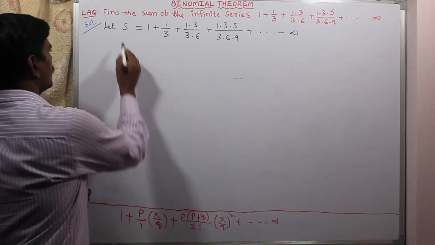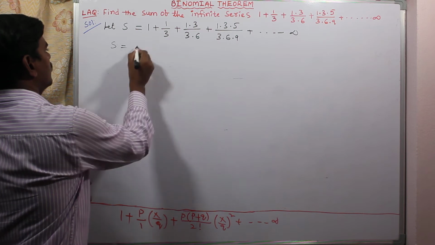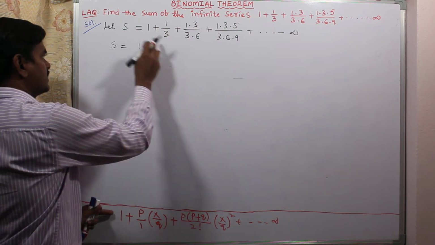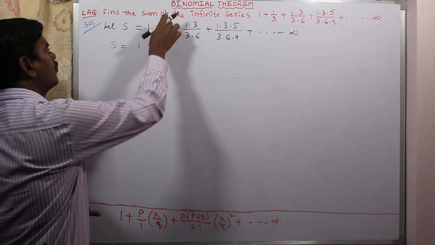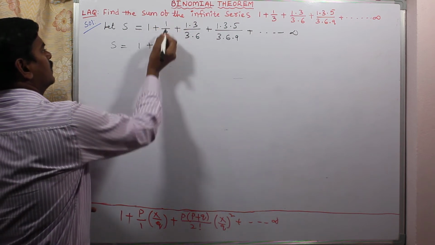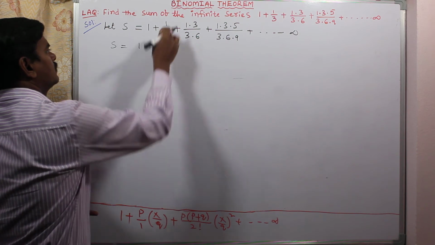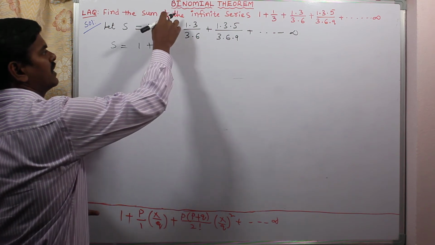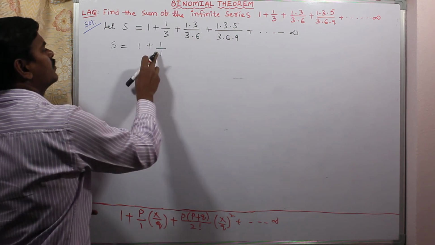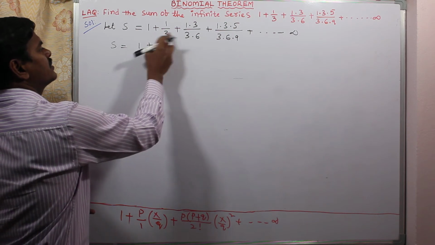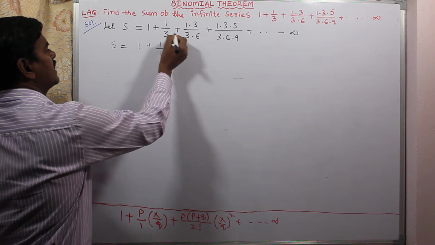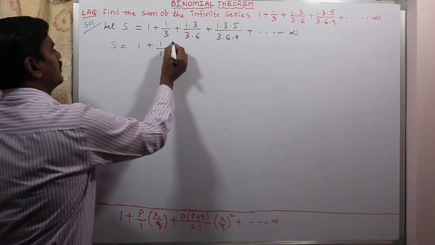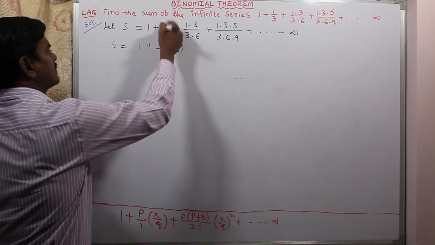So S is equal to 1 plus the same, p by 1. I need p by 1, here I do not have by 1, so let us write 1 by 1, we can write 1 in the numerator the same. In the denominator if you write 1, we should keep 3 aside, which means we can keep 1 by 3 aside.